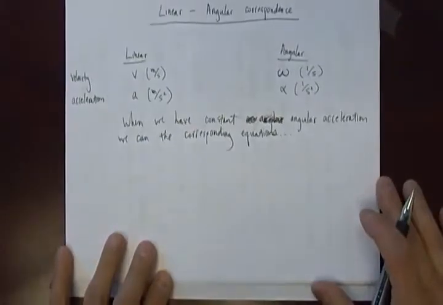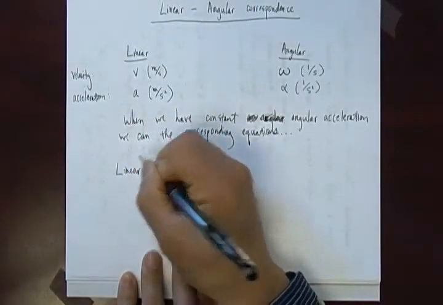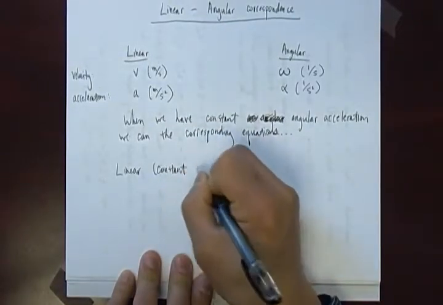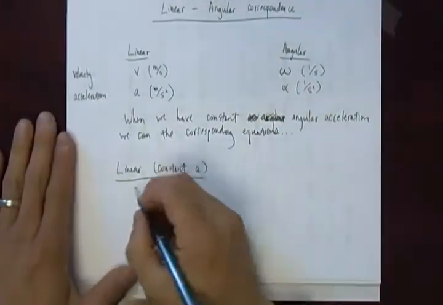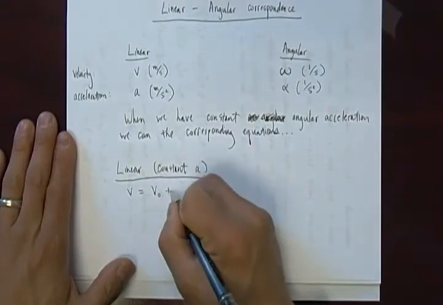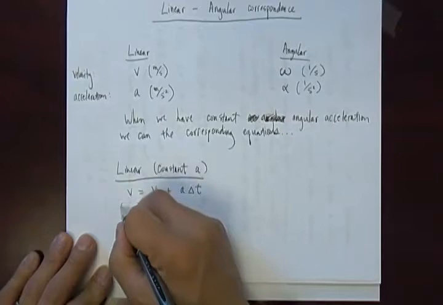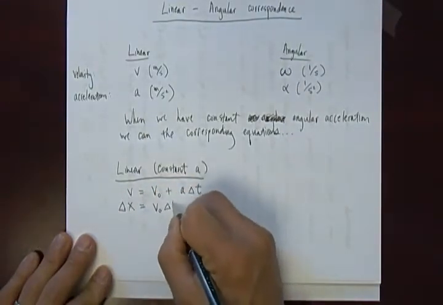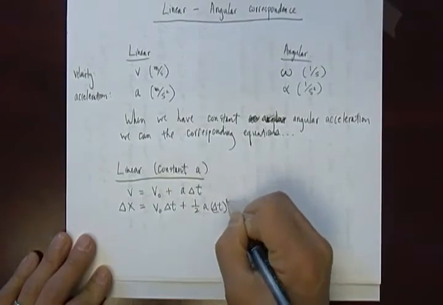And so you had a bunch of these things that you learned from the previous material. So the linear case for constant A. These formulas you probably remember. V is equal to V0 plus A times delta t. Delta x is equal to V0 delta t plus 1/2 A delta t squared.